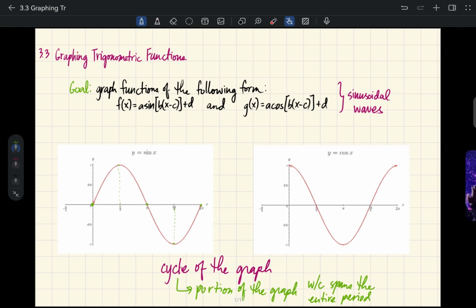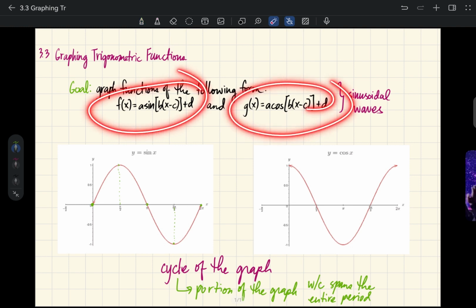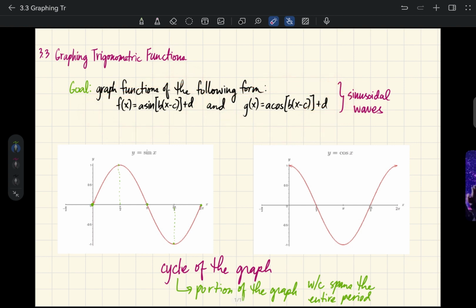So what is the significance of these points in our graph? This will actually tell us how to produce the graph of these functions right here. First, to go from the first point to the second point, you are traveling 1 unit up and pi over 2 units to the right.